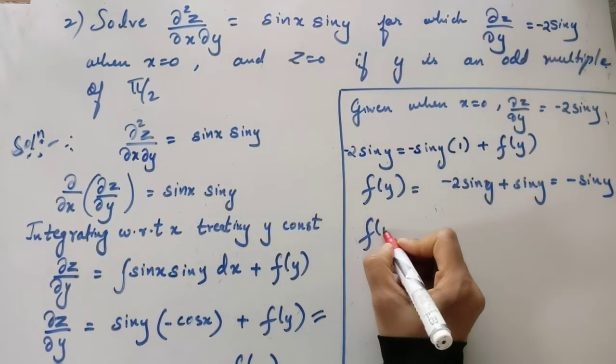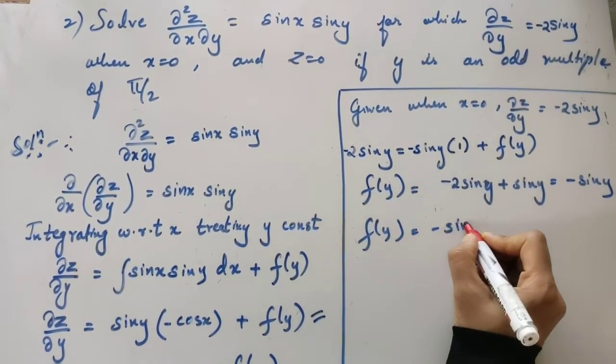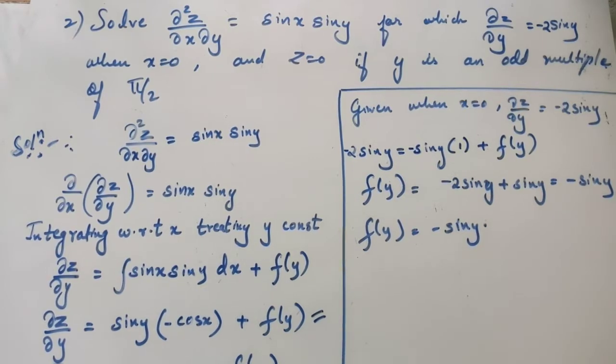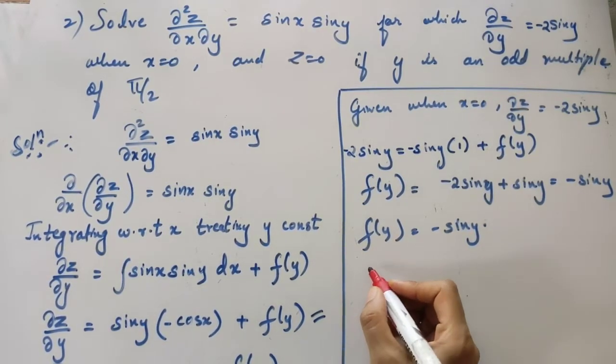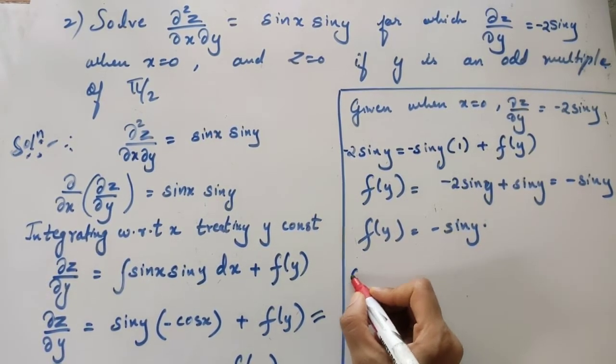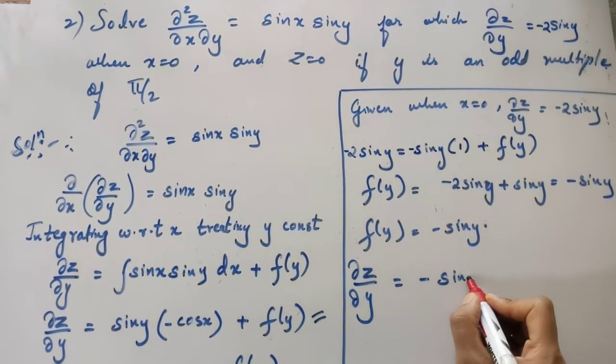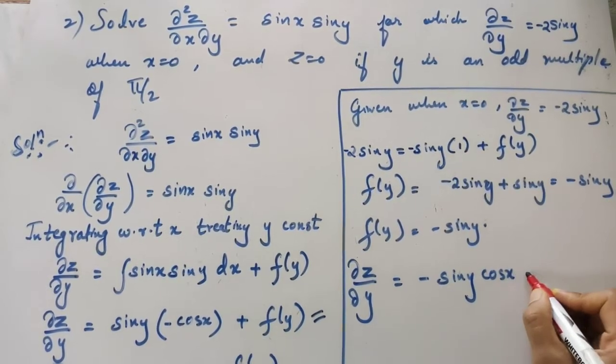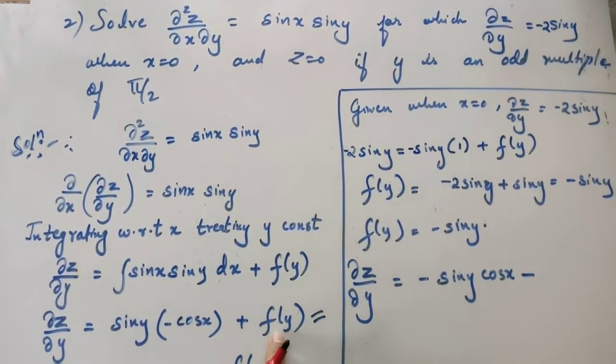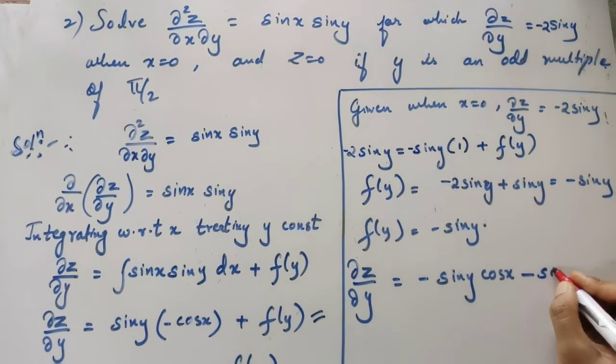So f of y is -sin y. Substituting the value of f of y, ∂z/∂y finally is -sin y cos x - sin y.